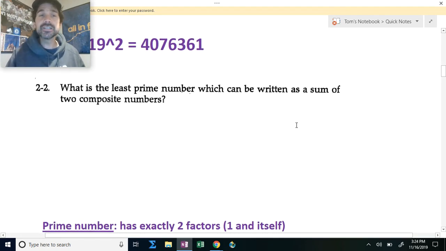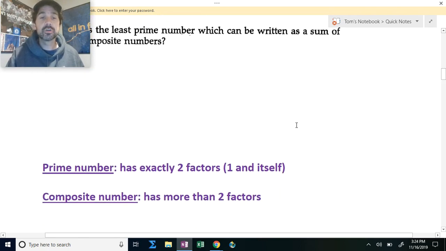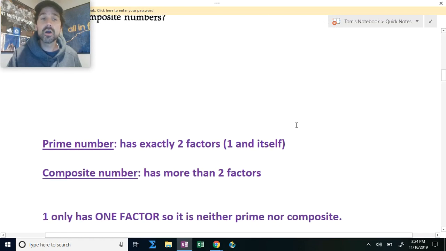A composite number has more than 2 factors. So composite numbers would be like 4 because it has the factors 1, 2, and 4, or 6, which has 1, 2, 3, and 6. All right. Now the number 1 only has 1 factor. So it is neither prime nor composite.